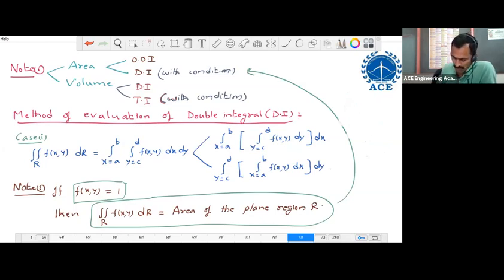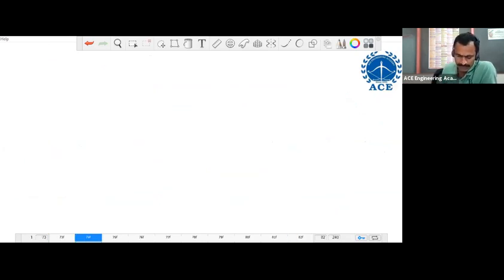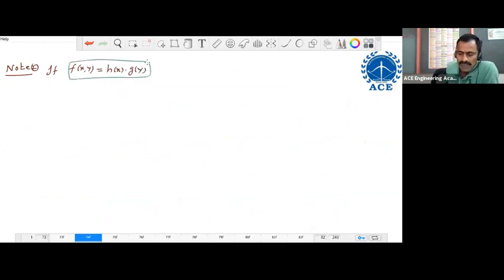Next, note point number 2. If f of x comma y equal to h of x into g of y. In the differential equation, already we have seen about this function. It is a function of two variables. If you are able to write this function as function of x into function of y, then this is called variables separable form.